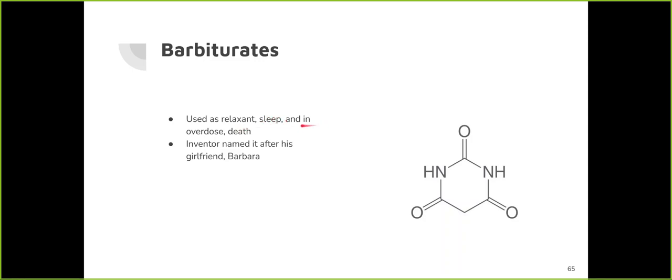If you take it too much, it'll kill you. You can see here that it is an amide. It's got an amine group, but also a carboxy group here as well. The reason it's called barbiturates is the inventor named it after his girlfriend, Barbara. Thought that was kind of a funny little historical note.